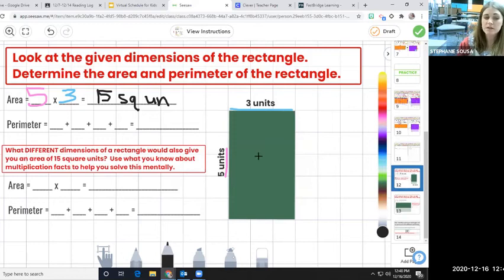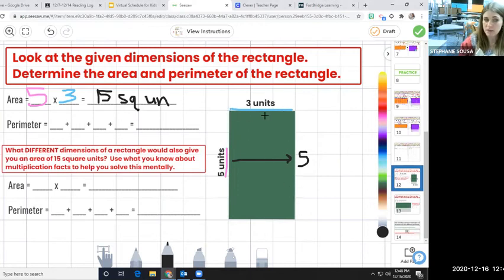Now we're going to find the perimeter. You will notice that the perimeter's dimensions are shown to us on one side of the left and one side of the top, but we know that the opposite side is the same. So if the left is 5 units, I can see that the right is also 5 units.